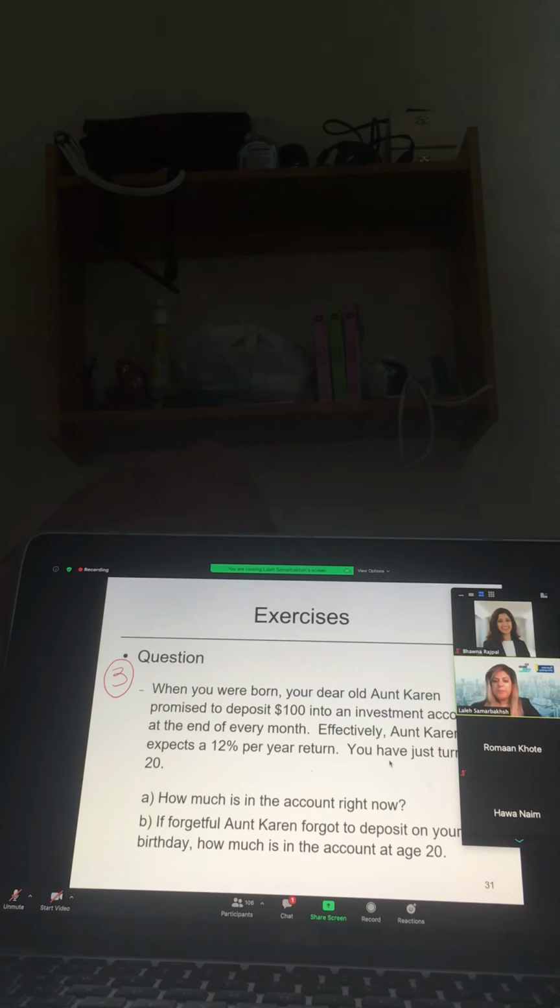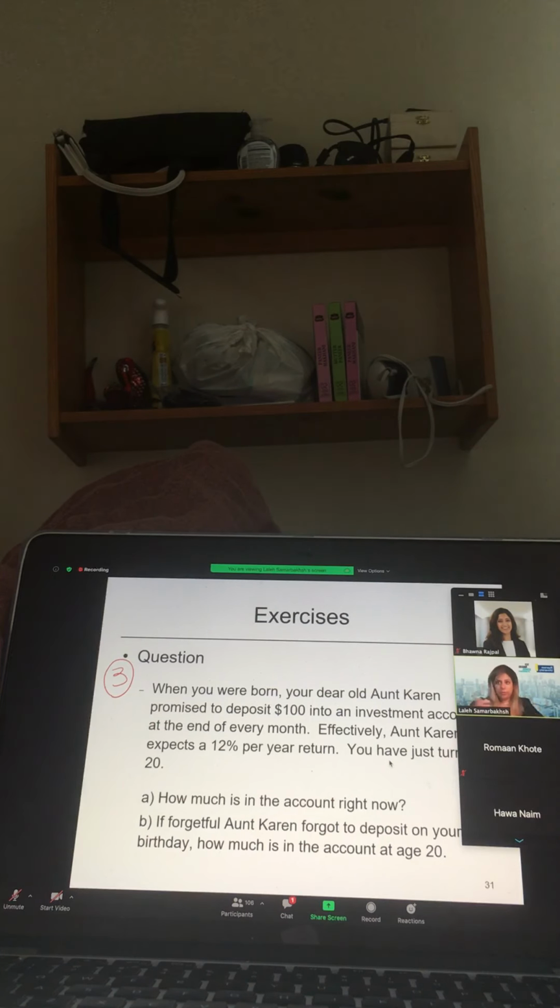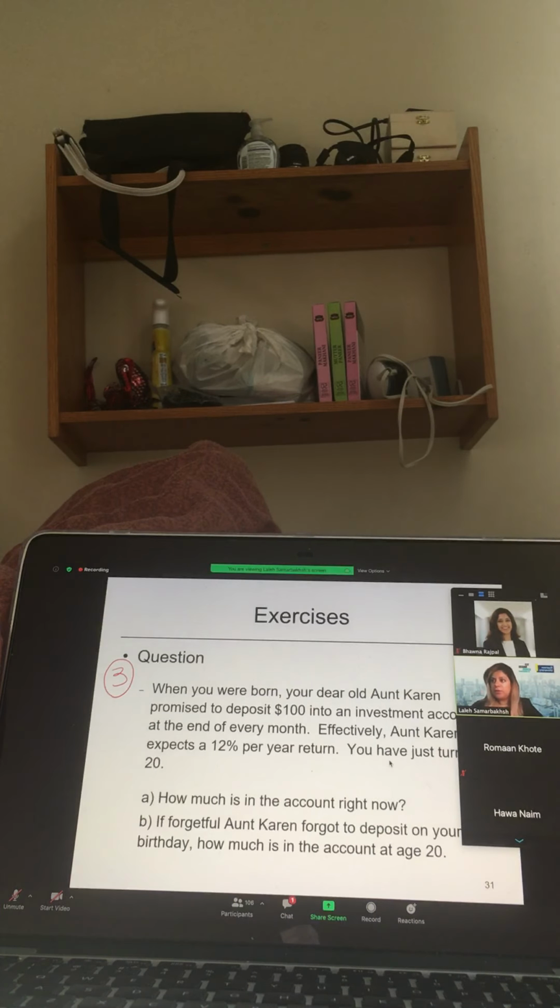Question 3, let me walk you through it again, like the previous 2 questions, so that you're familiar. When you were born, your dear old Aunt Karen promised to deposit $100 into an investment account at the end of every month. Aunt Karen expects a 12% per year return. You've just turned 20.